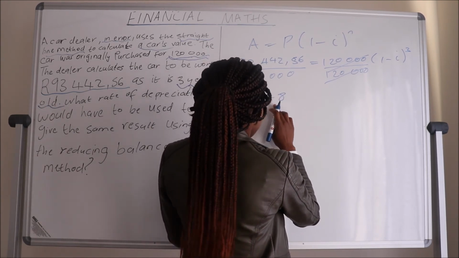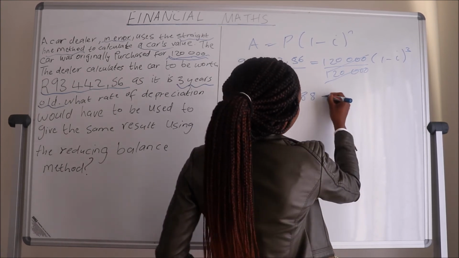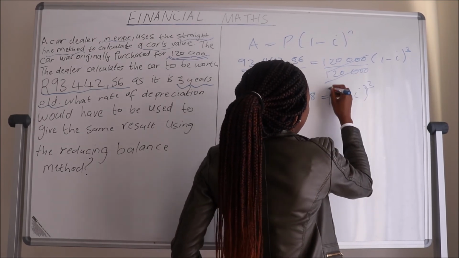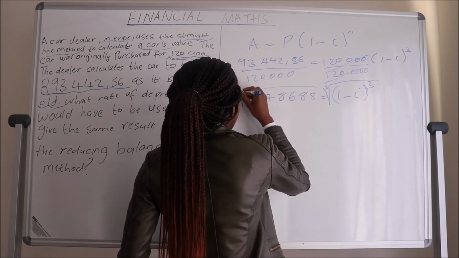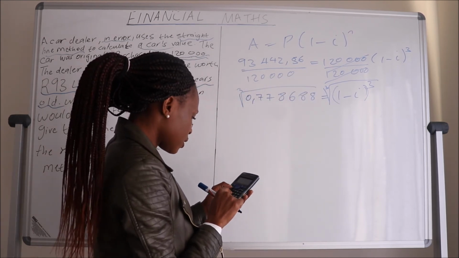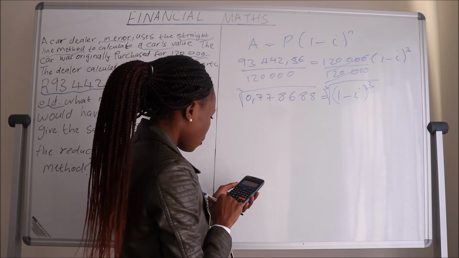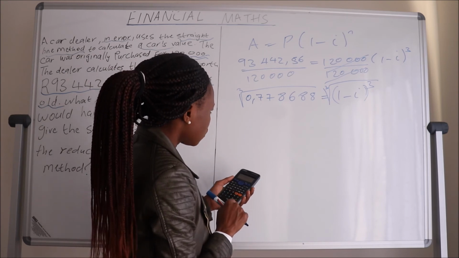It's 0.778688, and then I will have that equal to 1 minus i into an exponent of 3. Then introducing a cube root here. So that's the cube root of 0.778688.